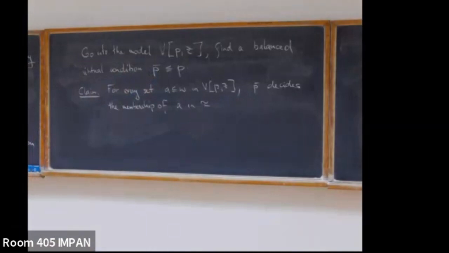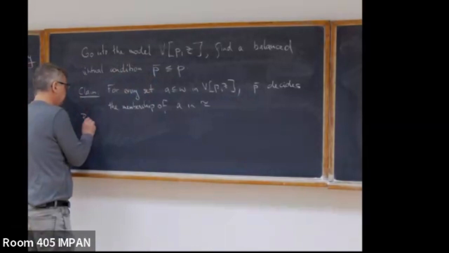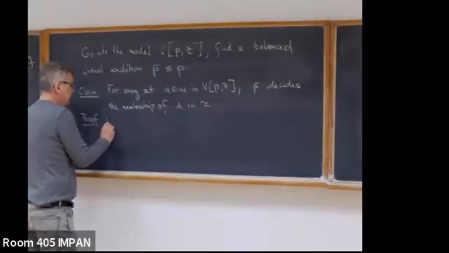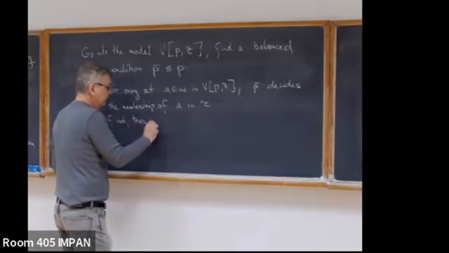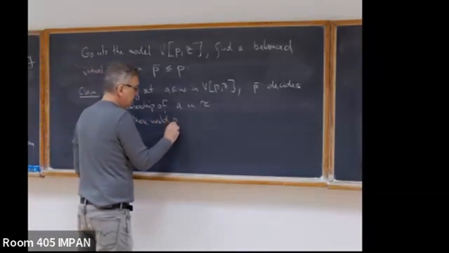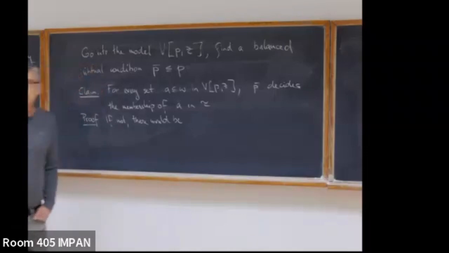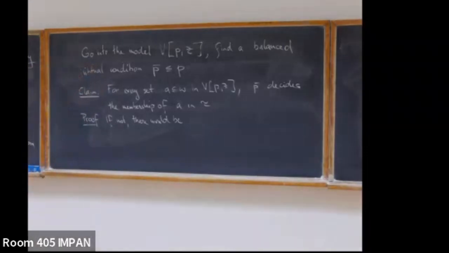Well, because if not, there would be conditions below it in the solving model. One of them decides it this way, the other one decides it that way. But these conditions exist in generic extensions of VPZ, right?